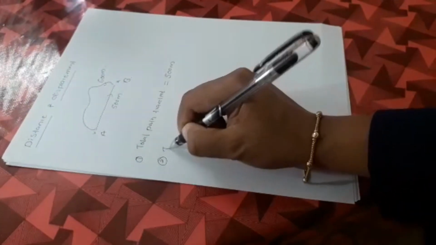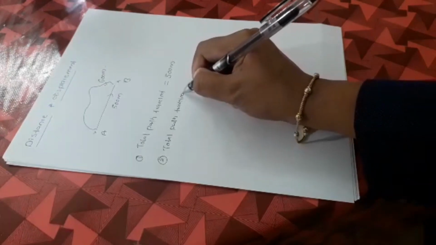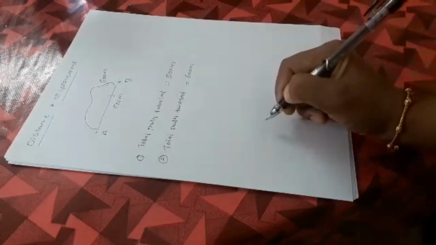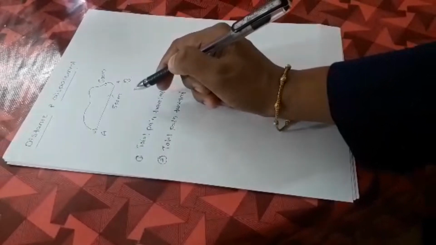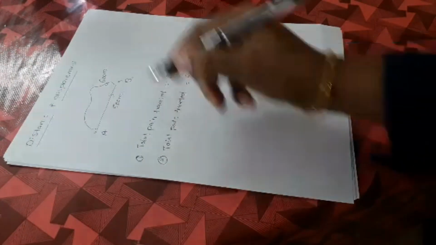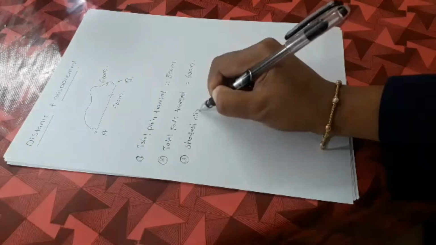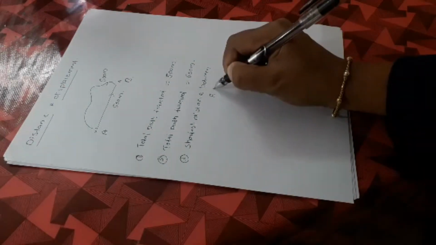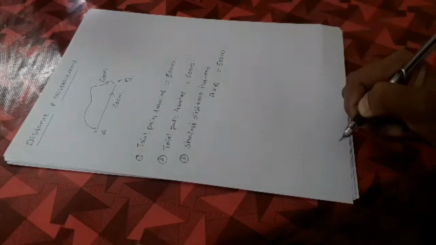In the second case, the total path traveled is equal to 600 meters. And I am asking you to calculate the shortest distance between point A and point B. What is that? The third task is the shortest distance between point A and point B, that is equal to 500 meters, isn't it?